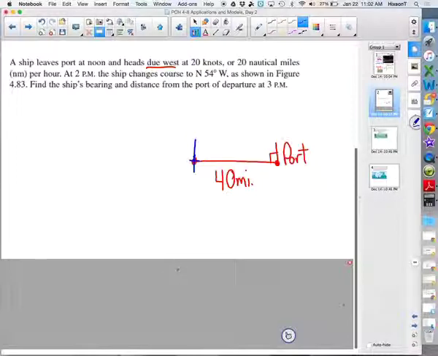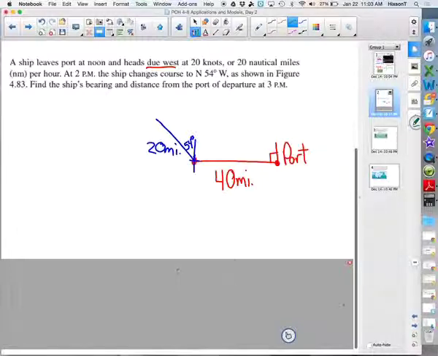West is to the left of north, so I'm drawing a 54 degree angle this way. Now notice that's the angle between north and the path that we went. And I kept going that way from 2 o'clock until 3 o'clock, so that one was only 20 miles.